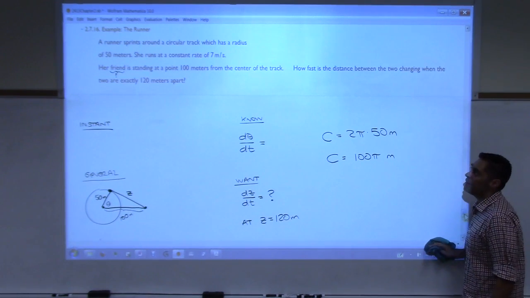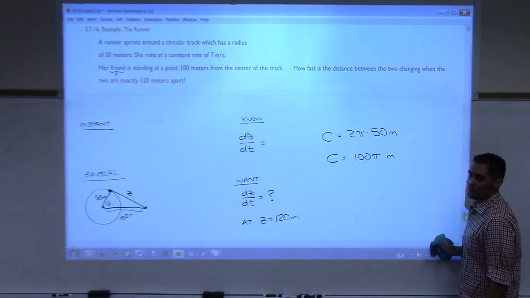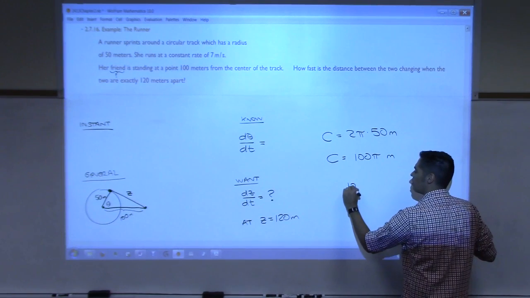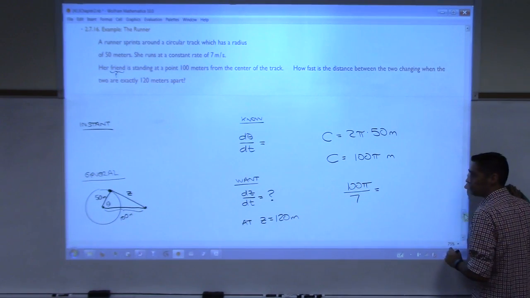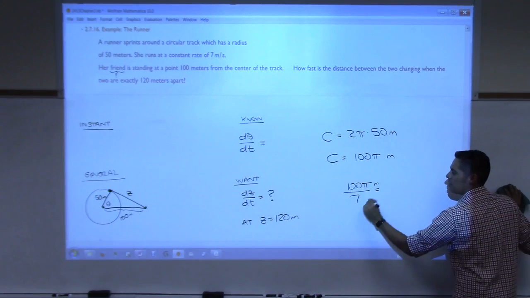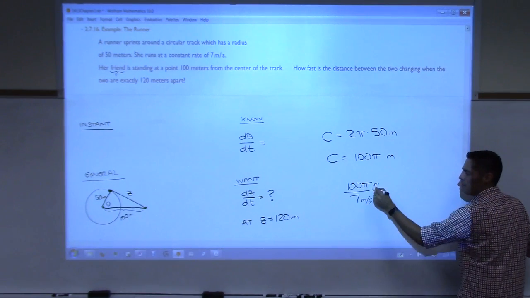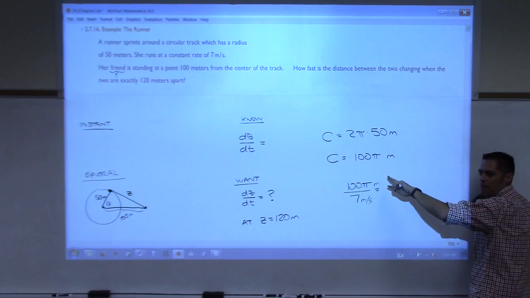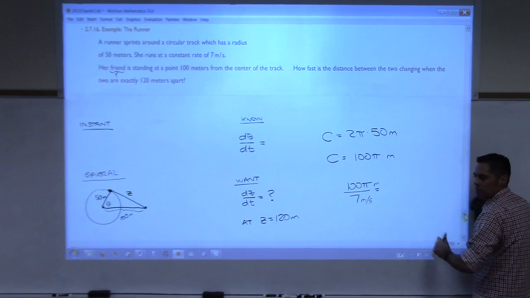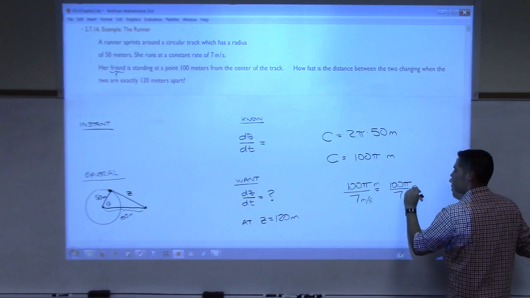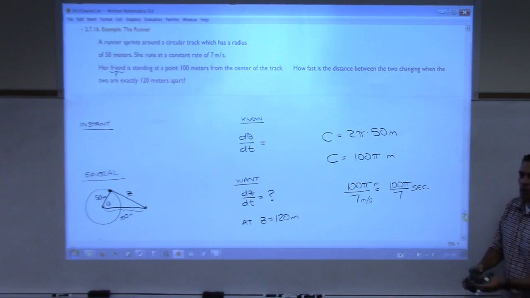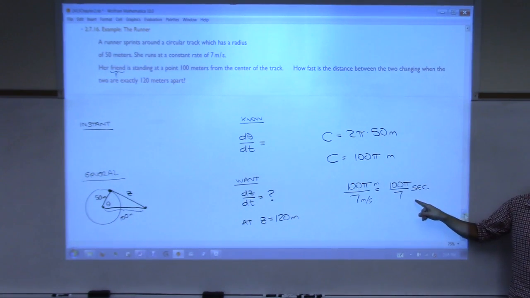I'm running at 7 meters per second, which means I take this 100 pi and divide it by 7. You could put meters here in meters per second. The meters would cancel, the second would flip up, and you would get your seconds. I'm just going to leave 100 pi over 7 seconds. That's how long it takes her to run around the track.